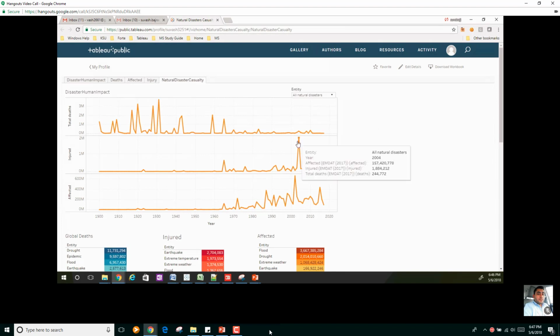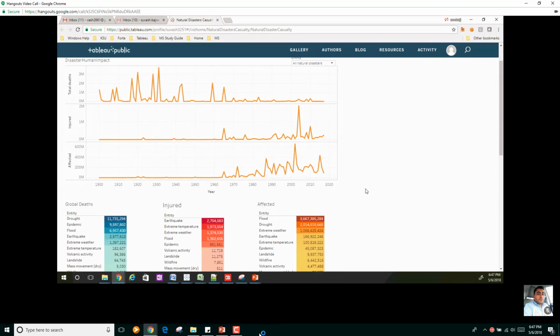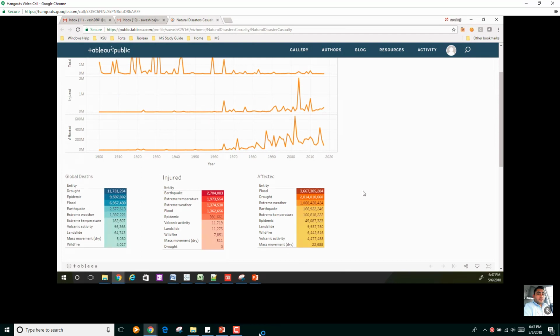However, injuries are high and the affected number of people is high. I guess that's because we have a lot of people now in the world. So here, global deaths, drought. Okay, so drought seemed to have caused a lot of deaths, 11 million people, and epidemic and flood had some big numbers as well, 96 million there. And the injuries were caused mostly by earthquake, which kind of makes sense.